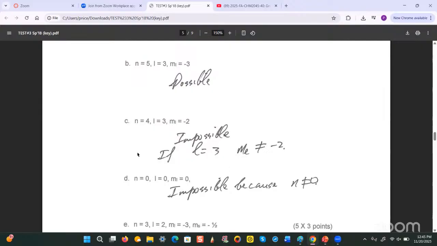And it turns out that what I marked wrong is actually possible in terms of the quantum numbers. N is equal to 4, then L can be equal to 3, and ML can be equal to -2. So please make a note of that when you're reviewing for your test, all right?